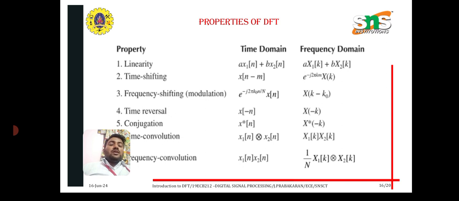For linearity, the time domain sequence is a into x1 of n plus b into x2 of n, for two sequences x1 of n and x2 of n. The frequency domain of the time domain sequences is represented by capital X1 of k and X2 of k.